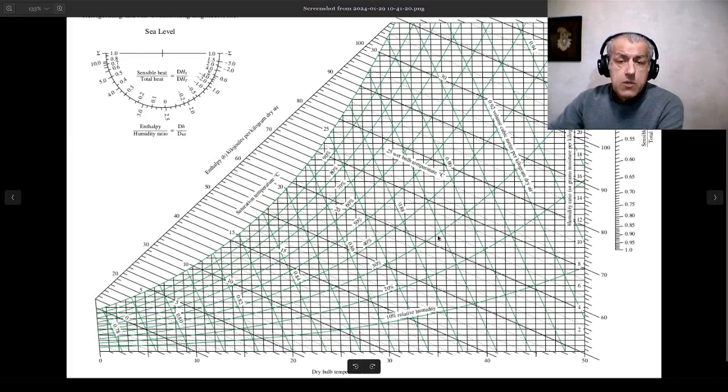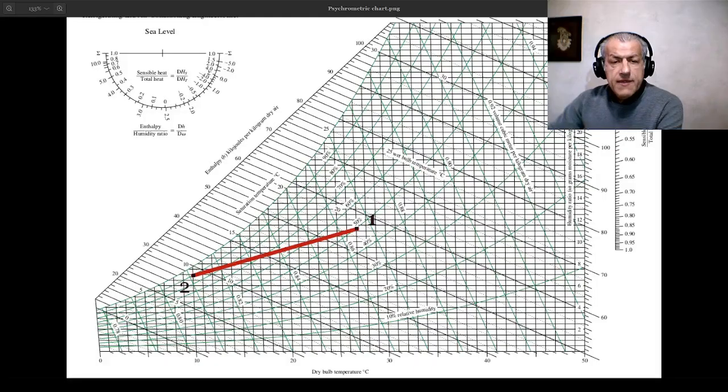So what we do is to put our problem on this diagram. And this is how it would look if we draw our problem on a psychrometric chart.